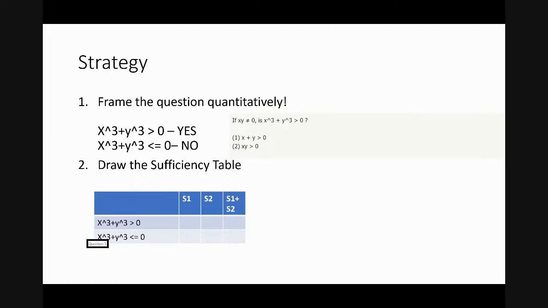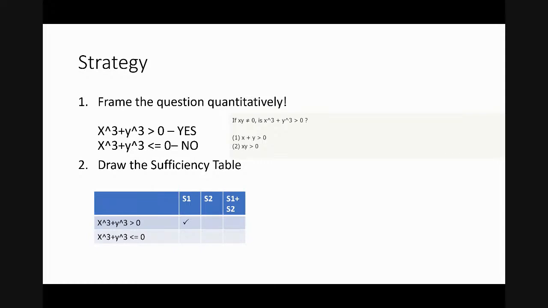Or sorry, y cannot be 0 because xy not equal 0. So x could be 1 and y could be 2, right? In that case, x plus y is greater than 0 because x plus y is 3. Is x cubed plus y cubed greater than 0? Yeah, absolutely it is. So I have some support for x cubed plus y cubed greater than 0. So I'm going to put a check mark.